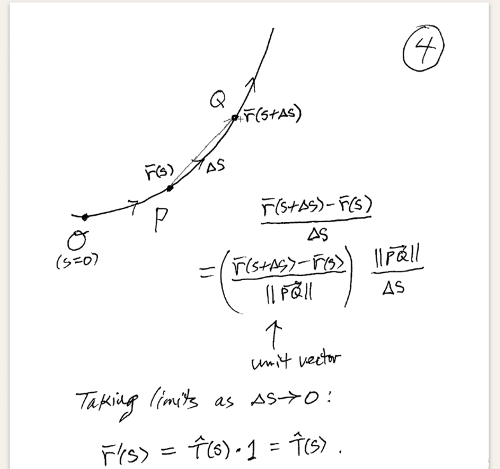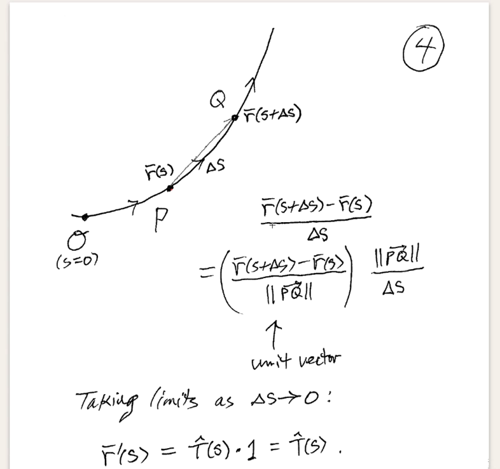Let's say I'm at some particular value of s at point P, and at some larger value of s, geometrically it looks like I'm at some point Q on that curve. So here I'm at R of s, here I'm at R of s plus delta s, some change in s. Delta s represents the distance along the curve traveling from P to Q.